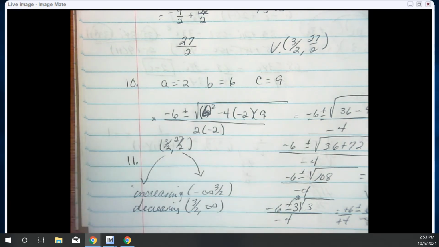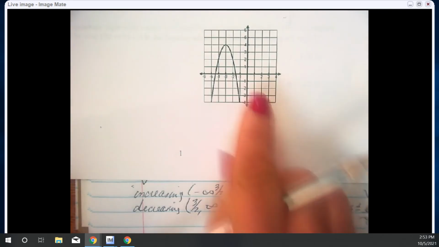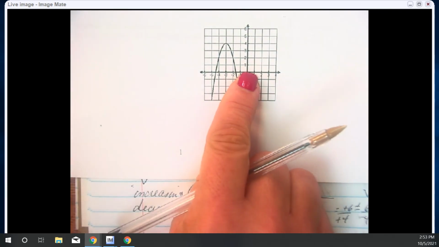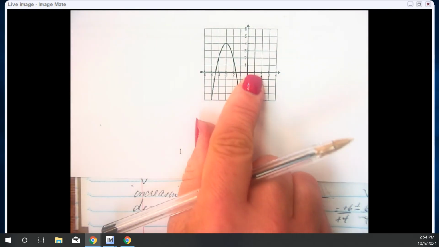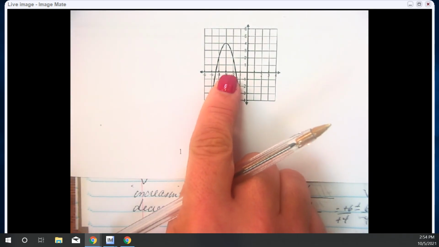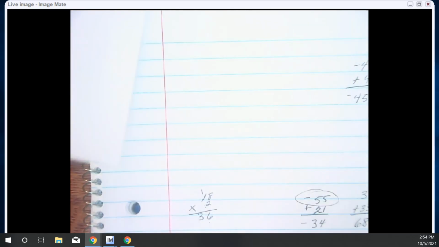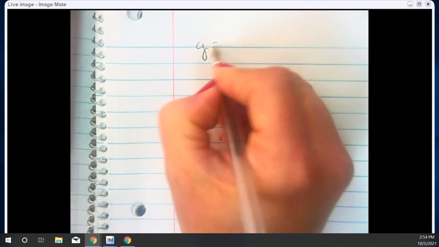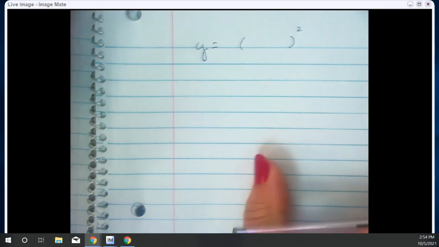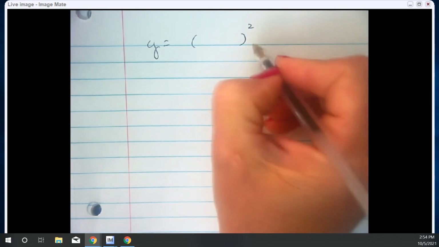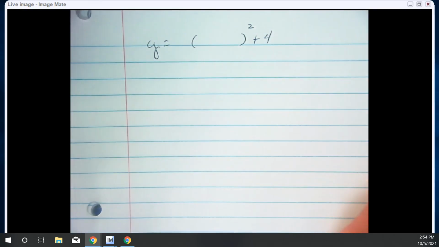Problem 12 says, write the equation of this parabola. How has this parabola shifted, transformed from the original? It went left 3 and up 4. From our transformations sheet, first off, we know that it is a parabola, which means that it's quantity squared. The plus 4 is pointed up.